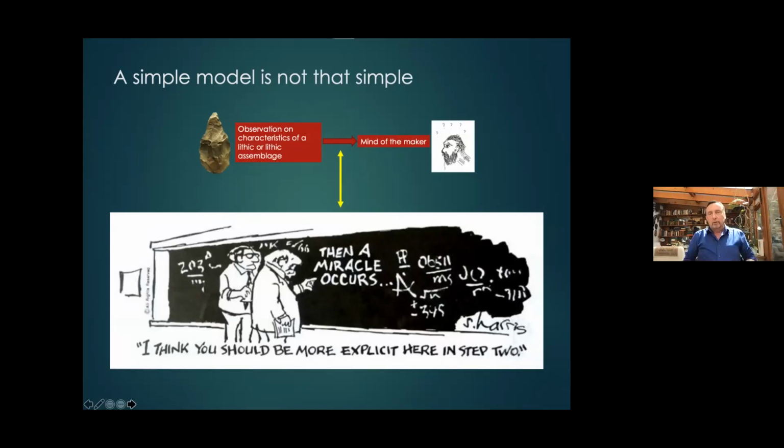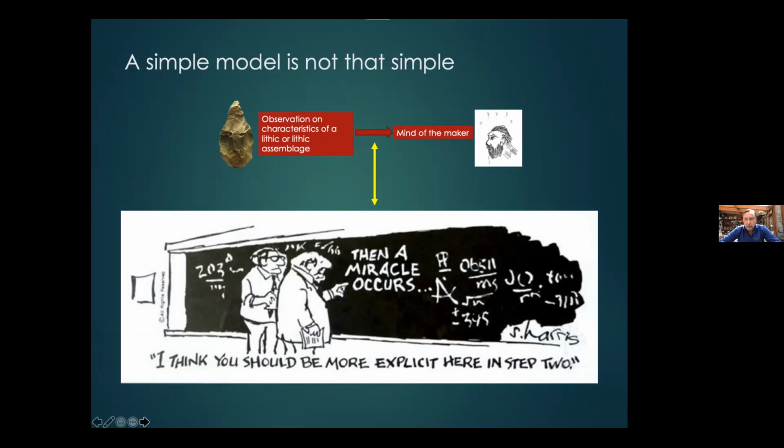So this is probably what's going on a lot of the time in the arrow, this cartoon, where I think we should be a little more explicit here in step 2, rather than just assuming it's a miracle. And I think a lot of archaeological and paleontological methodology is largely concerned with trying to understand step 2, the inferences from the observations to the cognition.